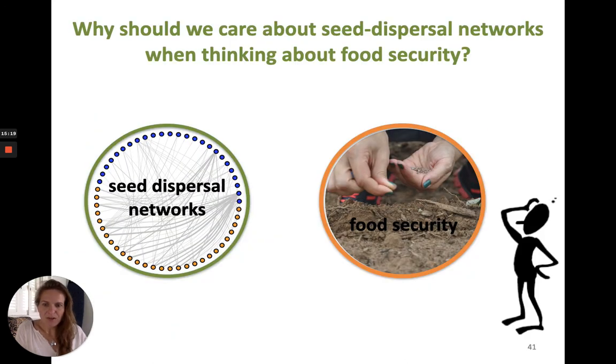In the context of this workshop, I think the main question is how do we make the connections about seed dispersal and food security? Or you can ask, why should we care about seed dispersal networks when thinking about food security?